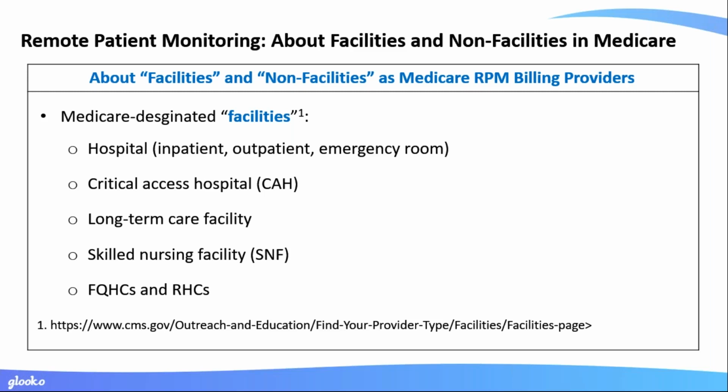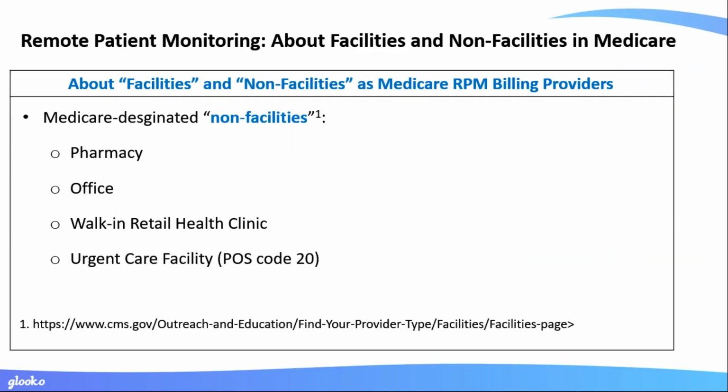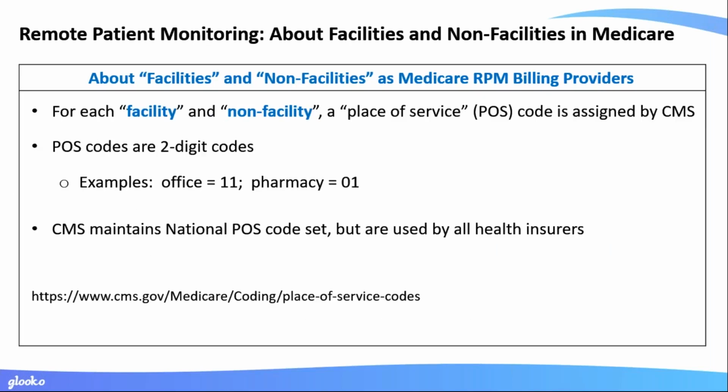Facilities are what you would imagine, larger places of service, hospitals particularly, skilled nursing, FQHCs, RHCs, that kind of thing. And then non-facilities are pharmacies, Dr. Miller's office, walk-in clinics, urgent care facilities. Medicare gives them a place of service code, and you can look those up.